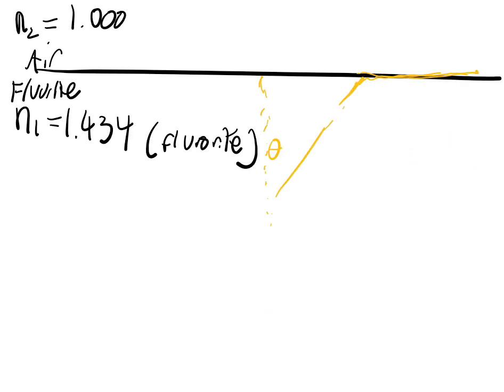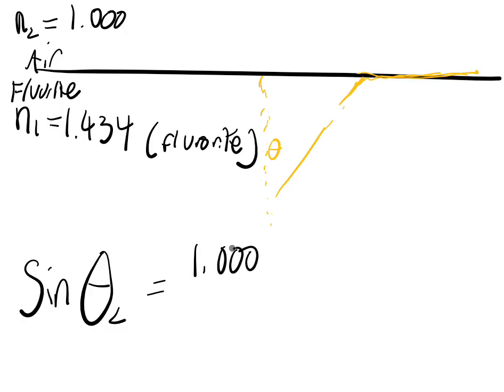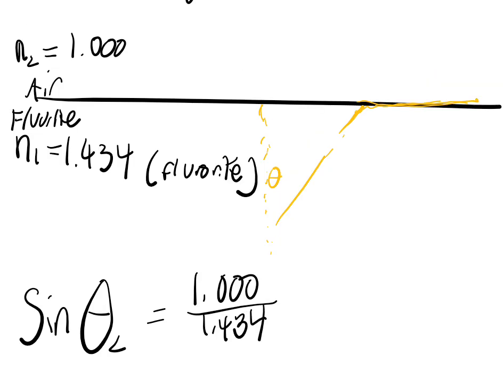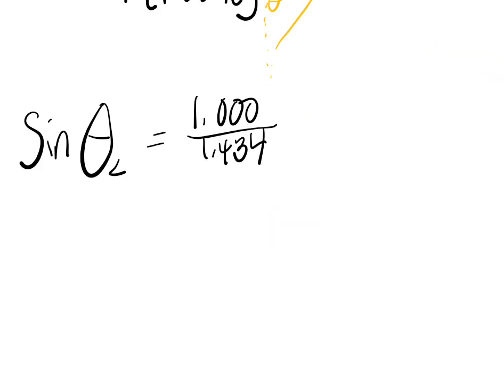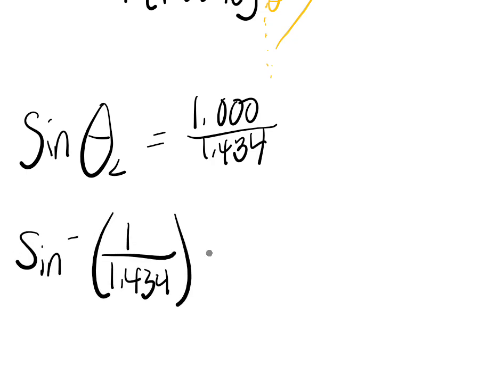So how do we solve? Well, we once again refer to that formula. Sine of the critical angle, which we're solving for, is equal to, well, what do we have? 1.000 over 1.434. And if we solve for that, we get sine inverse of 1 over 1.434 is equal to theta critical.